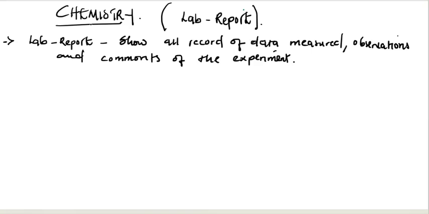Therefore, this lab report will give us exactly the information that we need to know. Even a layperson who was not in the lab must be able to know exactly what you, as the lab technician or as a student, did in that lab. So a lab report has important sections that we are going to cover in this video.